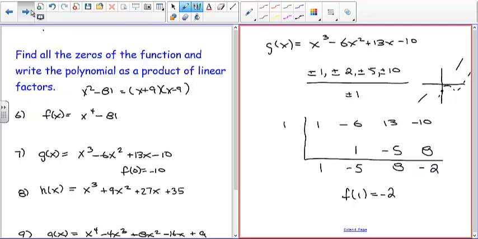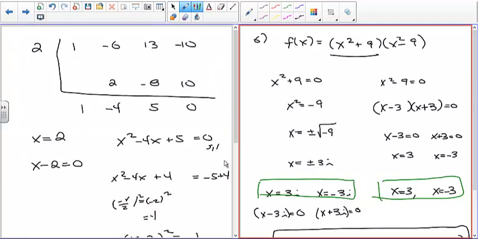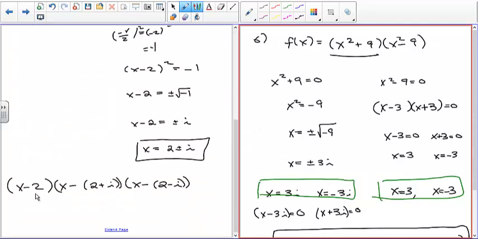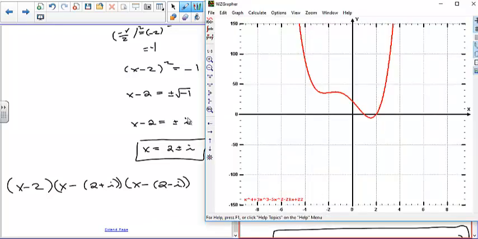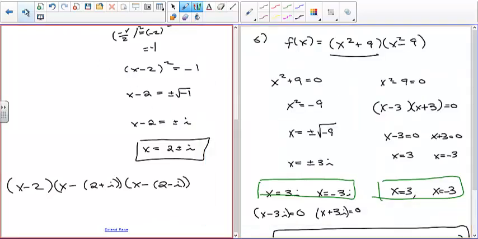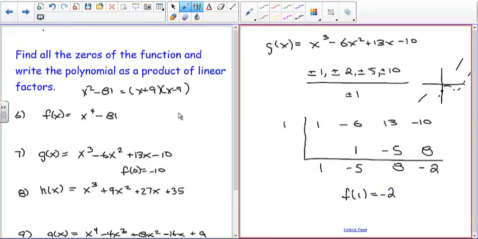So what we see is, in this case, we have one real zero at x equals 2, two complex zeros. So let's plot this function, which I've, so where is it?